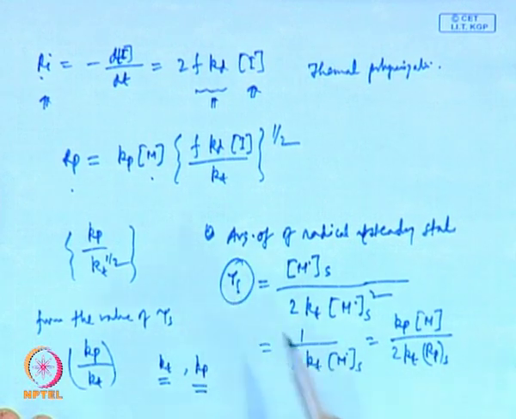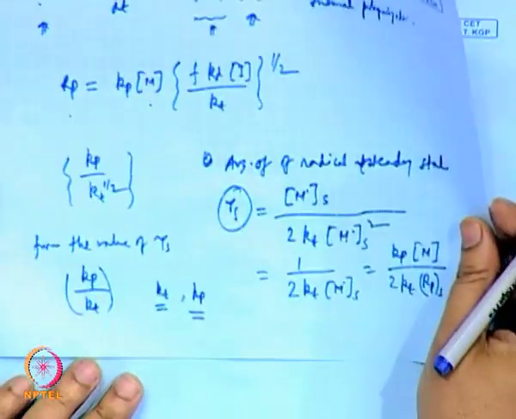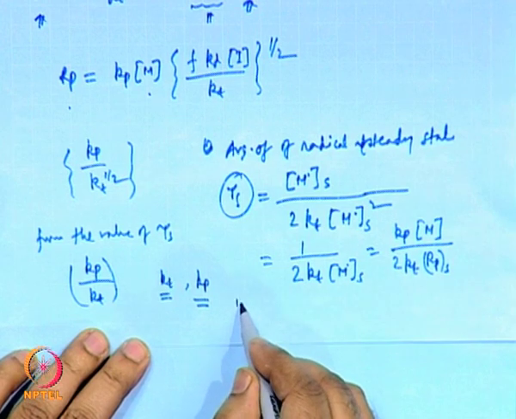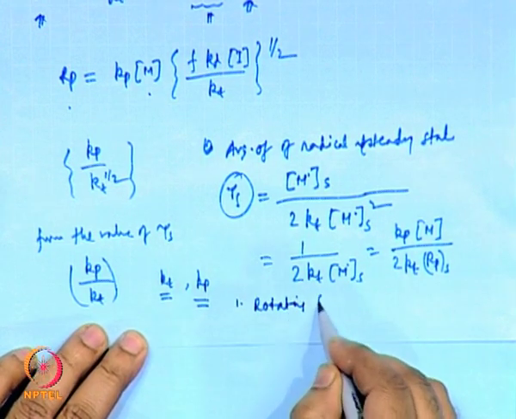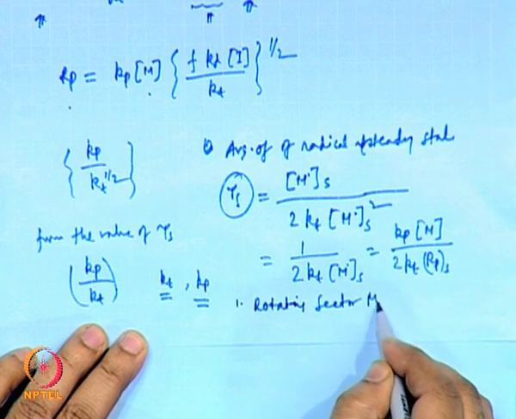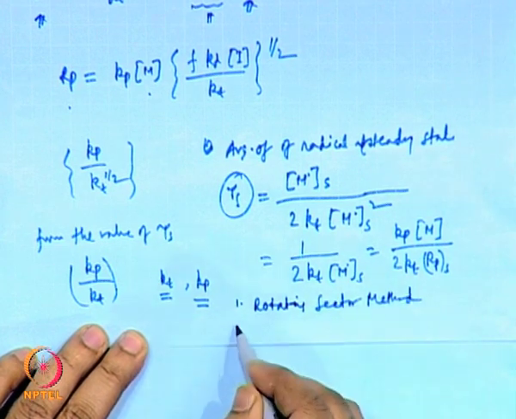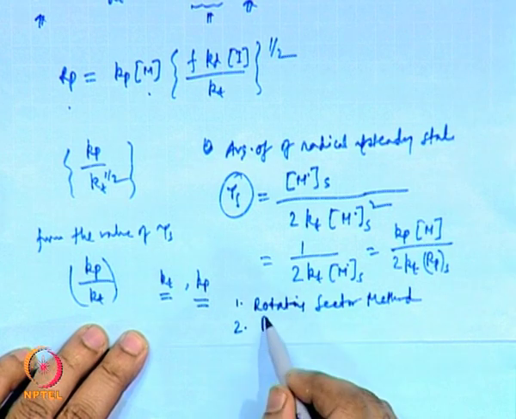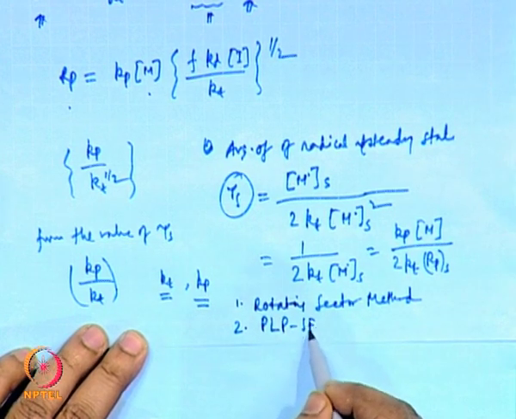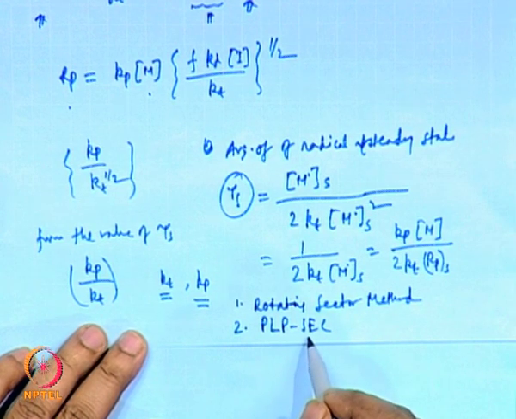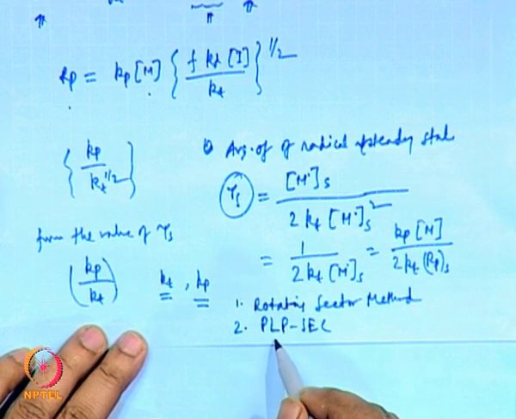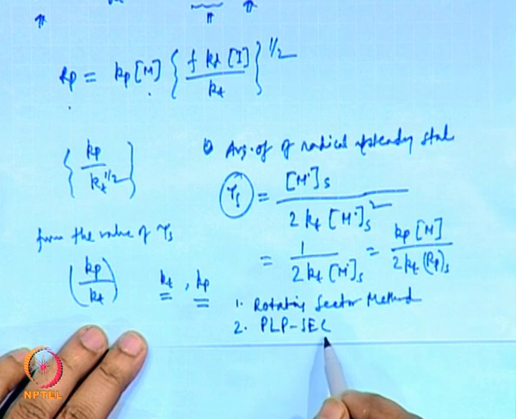Now, how do you determine this? There are two established methods. One is the rotating sector method, and the second is PLP-SEC, which is pulsed laser polymerization size exclusion chromatography.